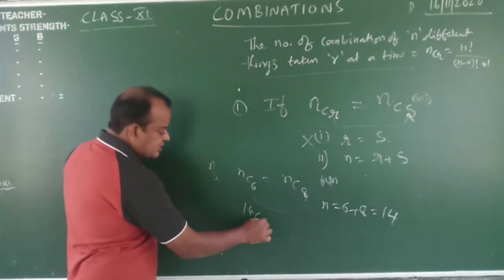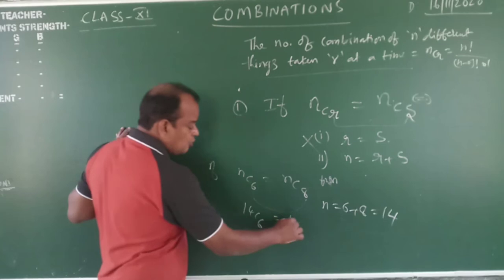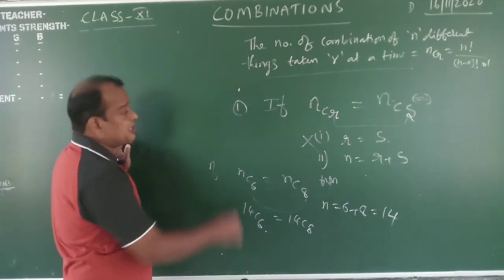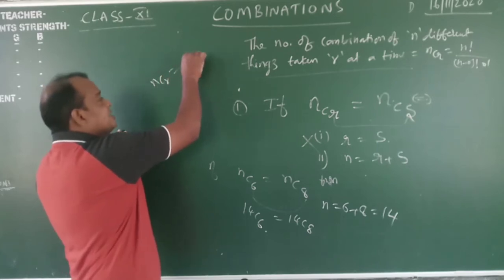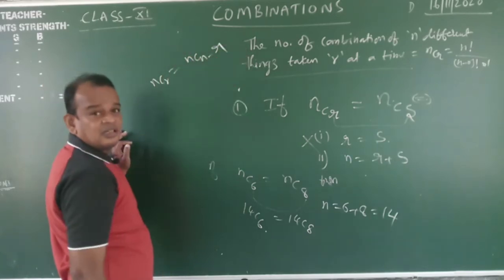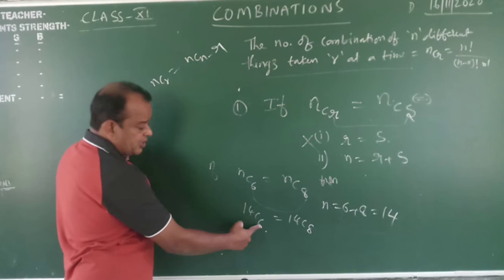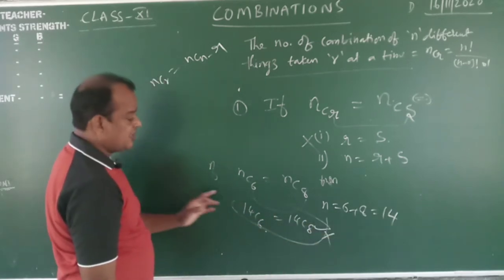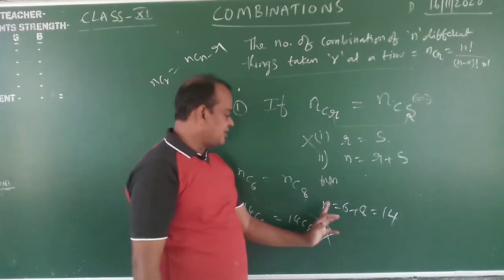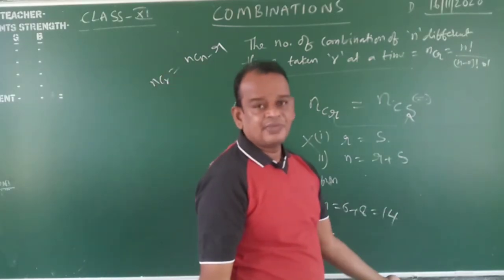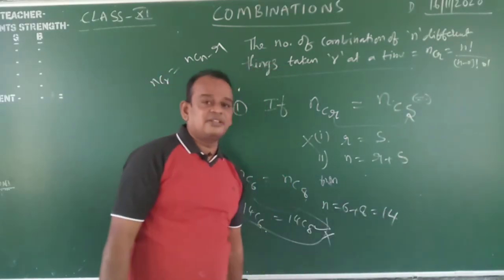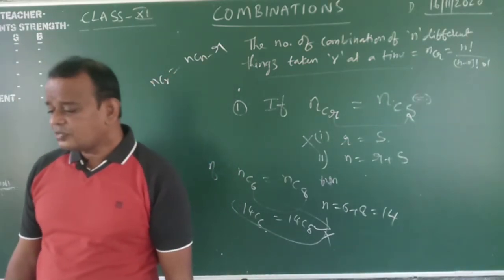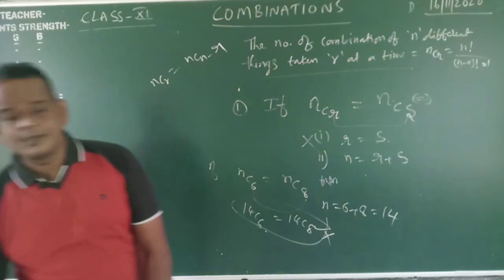Now 14C6 is equal to 14C8, yes or no? 100%, by using the formula nCr equal to nC(n minus r), 14C6, 14 minus 6 is equal to 8. These two are equal. That's why nC6 is equal to nC8, then n is equal to 6 plus 8, that is 14. Okay, my dear students. In this way, we will complete the problems.